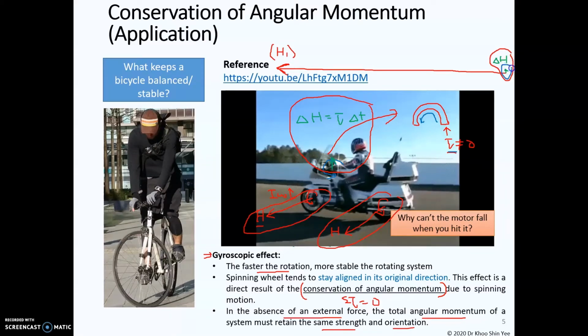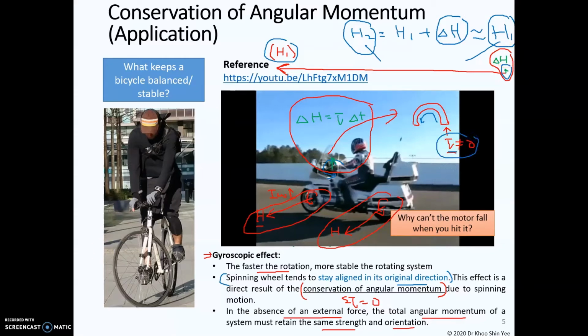Since this is much smaller compared to the H1 vector here, the resultant of H1 plus delta H will approximate to H1. From here you can see H2 is equal to H1. The angular momentum remains constant and isn't affected by the small change of angular momentum due to the small torque here.